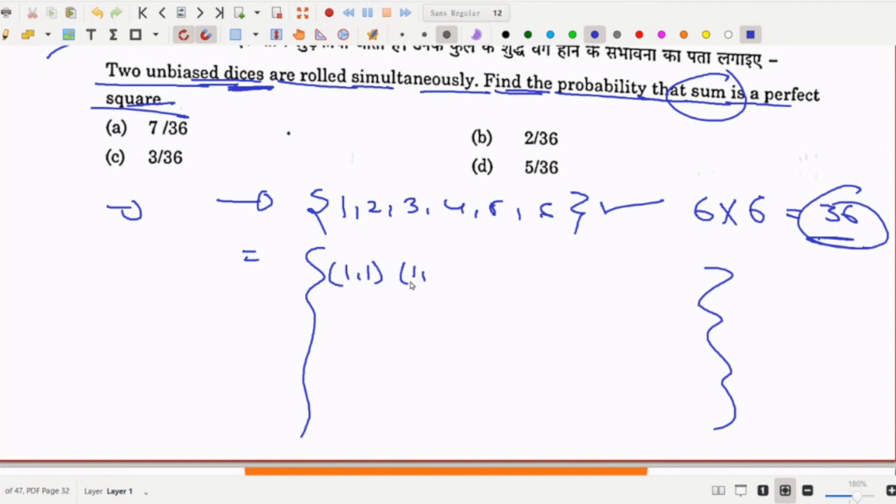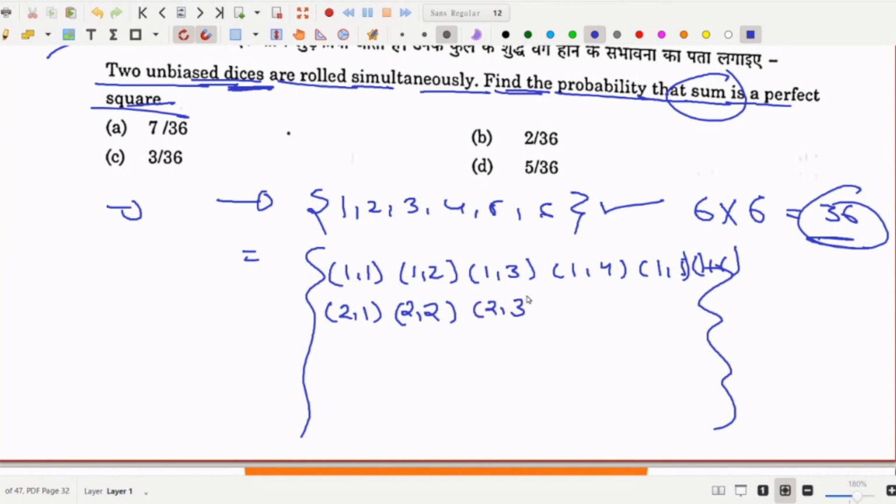If one came on the first dice and two on the second dice, and so on: 1 3, 1 4, 1 5 and 1 6. Same, if two came on the first dice and one on the second dice, two on the first dice, two on the second dice. These are the possibilities I am talking about.